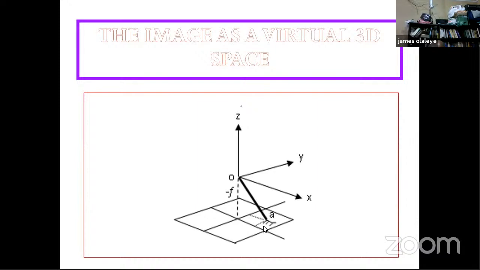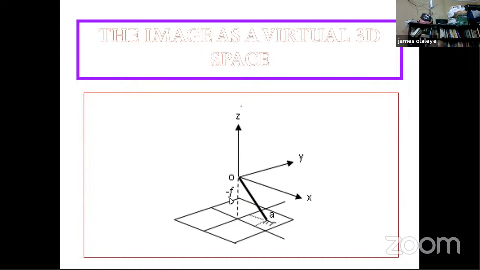Now, the coordinate of the point O on this image will be a point where X is 0, Y is 0, and Z is going to be minus F. The coordinate of a point A here will be one that has XA, YA, and F.